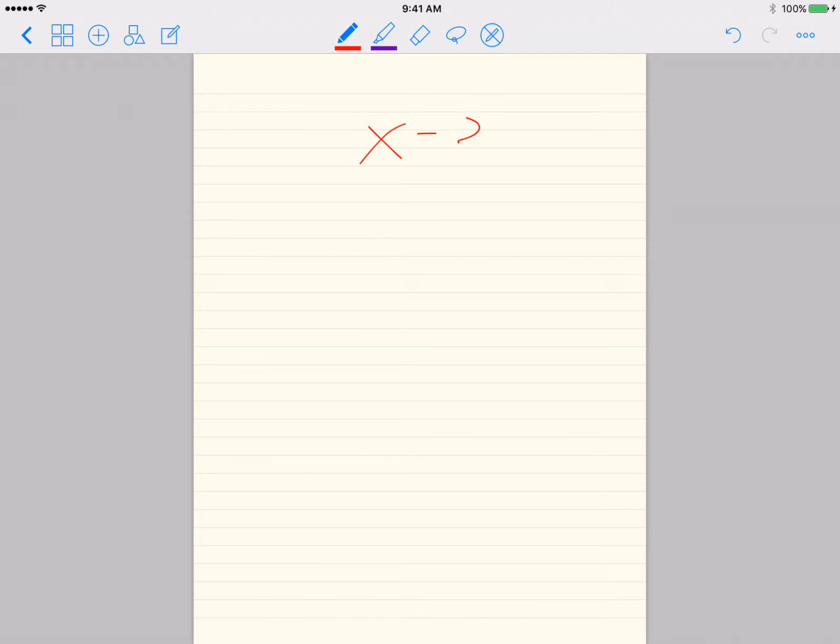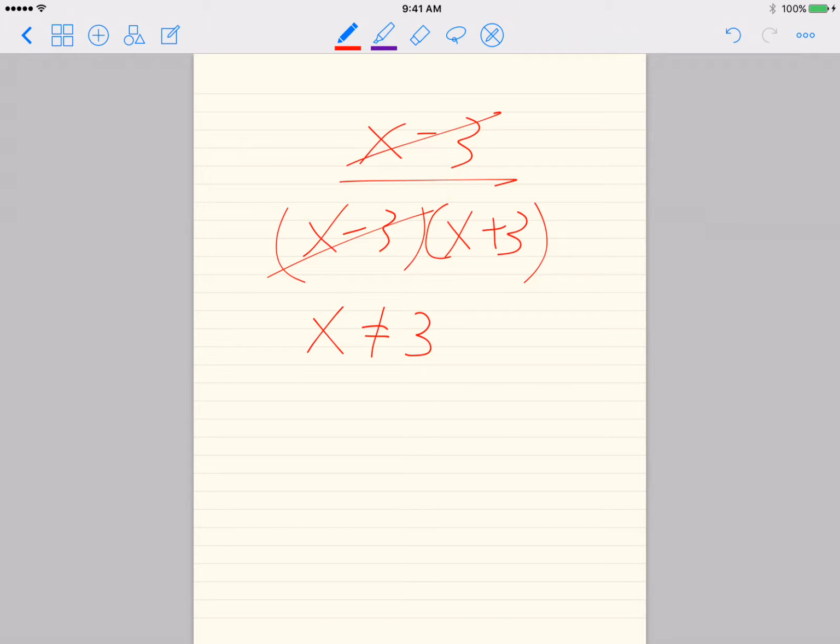Let's say you ended up with (x minus 3) over (x minus 3)(x plus 3). In this case, even though x cannot be 3 or negative 3, we know that x equals 3 is just a hole.